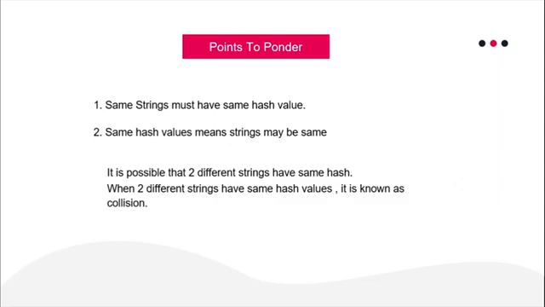So it is possible for two strings to have the same hash values even if they are different. This is known as collision. This I have already explained. Two different strings may have the same hash values.